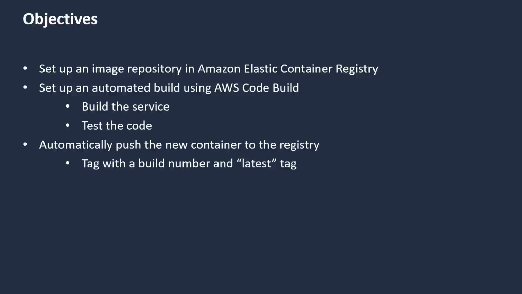We'll use AWS CodePipeline to orchestrate the build process, including triggering the build on check-in. For our containers, we'll use a tagging strategy that automatically tags the container with a build number and a latest tag. This allows our development environment to know which build the container is the latest for testing purposes. Now let's see all of this in action.